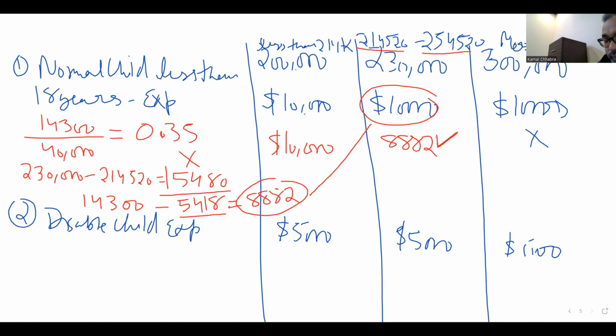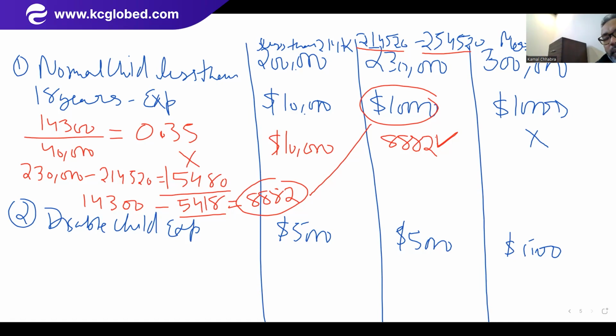Sir, the 14,300 should be divided by 40,000, like the 14,300 was given, right? Yes, that is the total maximum amount which is allowed. And we will be phasing it out over the $40,000, which is the difference between the phase out limits.